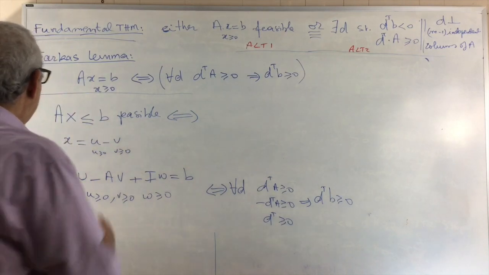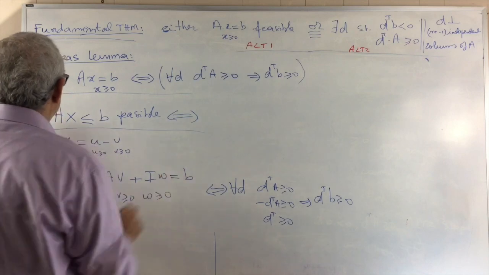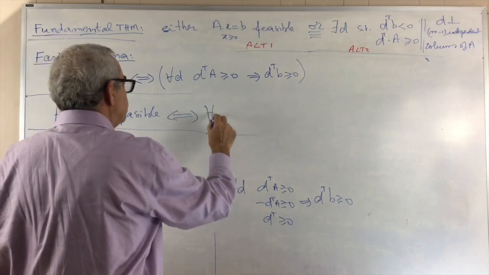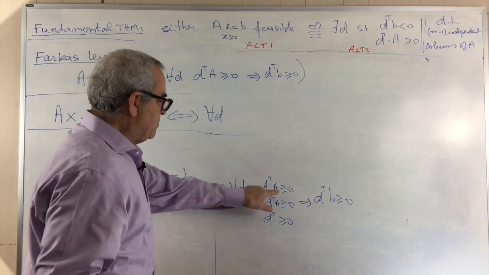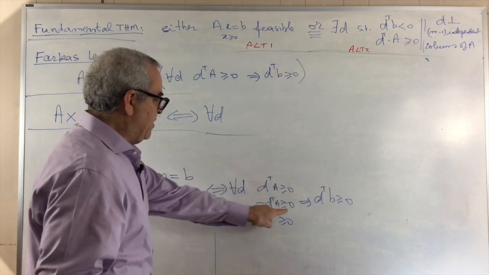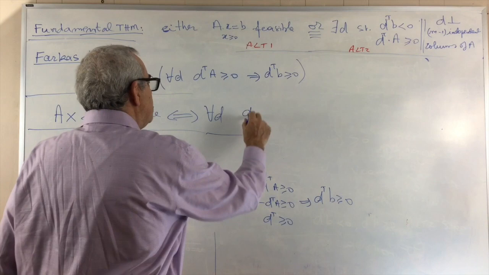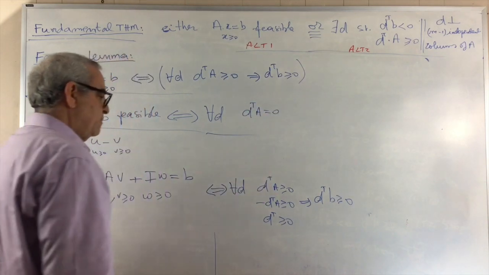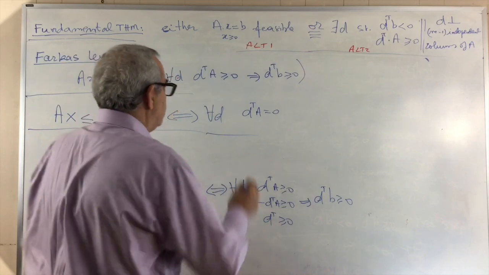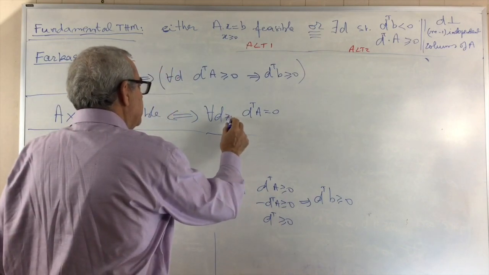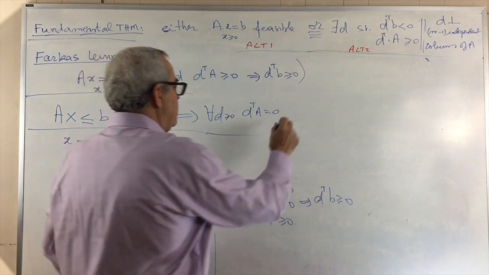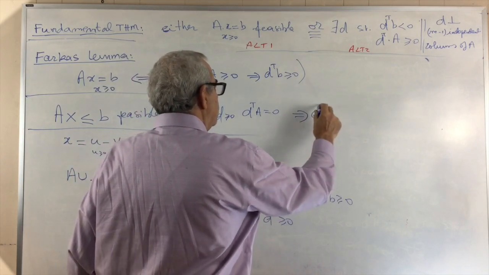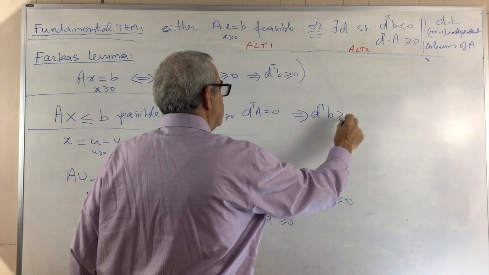So now I'm ready to state Farkas lemma for this. For every d, d transpose A greater or equal to 0 and minus d transpose A greater or equal to 0 means d transpose A is equal to 0. And then I have d transpose greater or equal to 0. So for every d greater or equal to 0, d transpose A equal to 0 implies d transpose b greater or equal to 0.